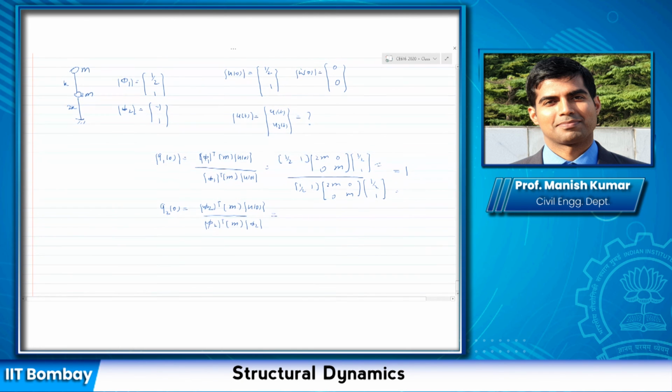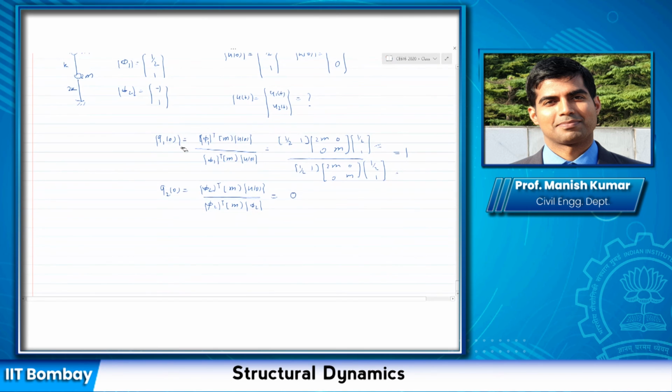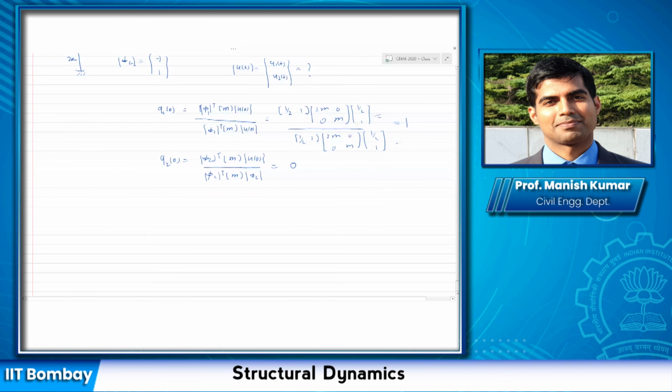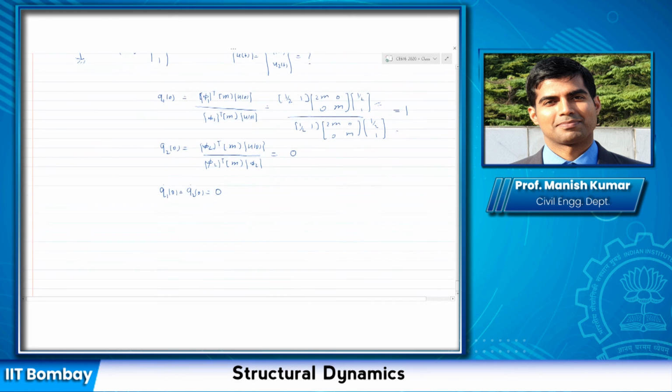Okay, you can substitute the value and you will see that Q2 you get as 0. Okay, it's not a vector here. Okay, so then don't confuse. Now Q1 dot and Q2 dot, we can simply say that because u dot 0 is 0, so this would be equal to 0.